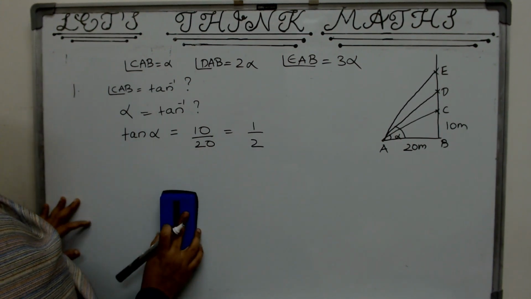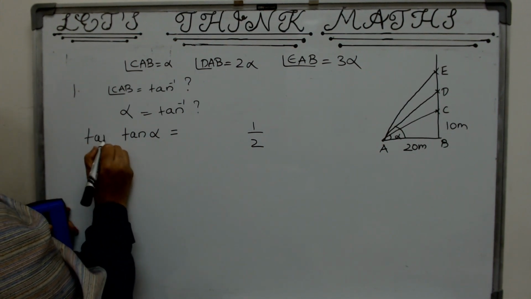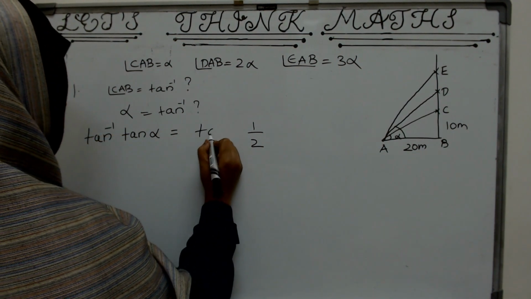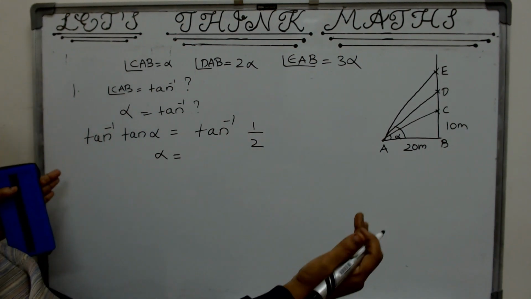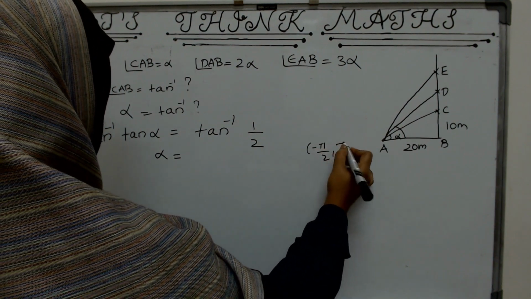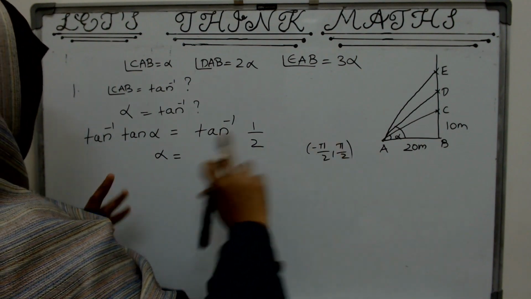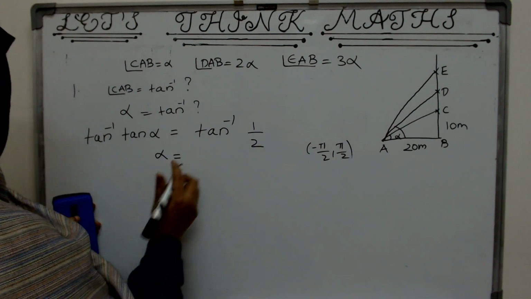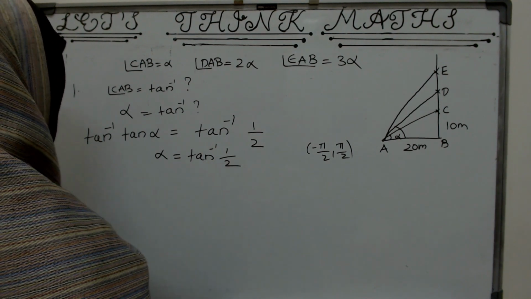So now taking the tan inverse on both sides, what do you get? Tan inverse, tan inverse. Now this is the angle of elevation. So it will lie between minus 90 to 90. So we are safe here. The angle of elevation and the angle of depression are in the same range. So you don't have to worry about that. So you have alpha is equal to tan inverse of 1 by 2.